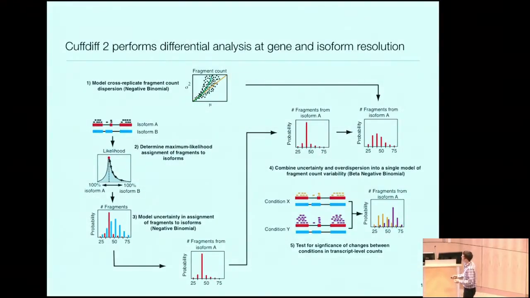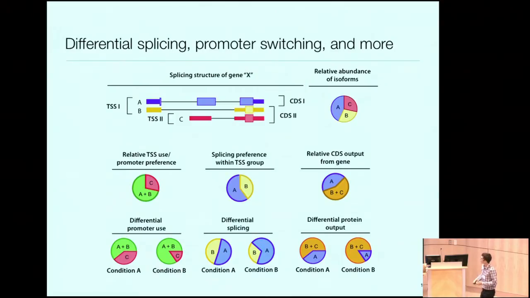So CuffDiff2, a new algorithm that we published a couple of months ago, addresses both of these statistical sources of noise or variability under one model, so that you can analyze your data at isoform resolution in a statistically principled way.